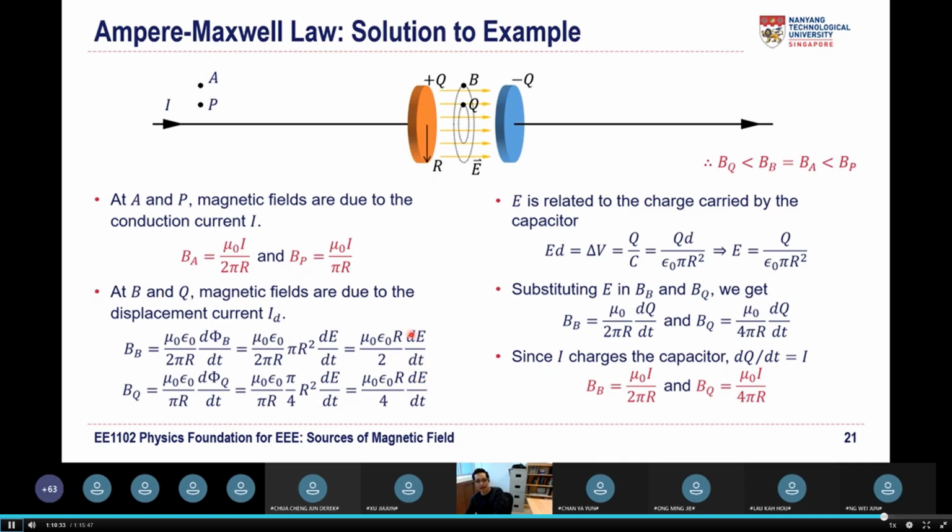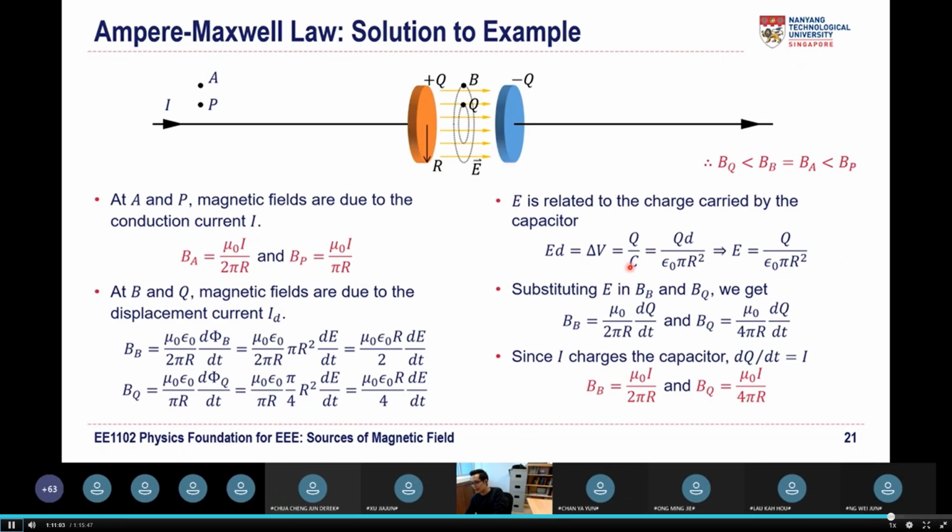So now we are left with this part where we have a time varying electric field. How does this electric field vary with time? In order to get that, we need to understand that E times D, the electric field times the distance between these two plates, is going to give us the potential difference between these two plates.